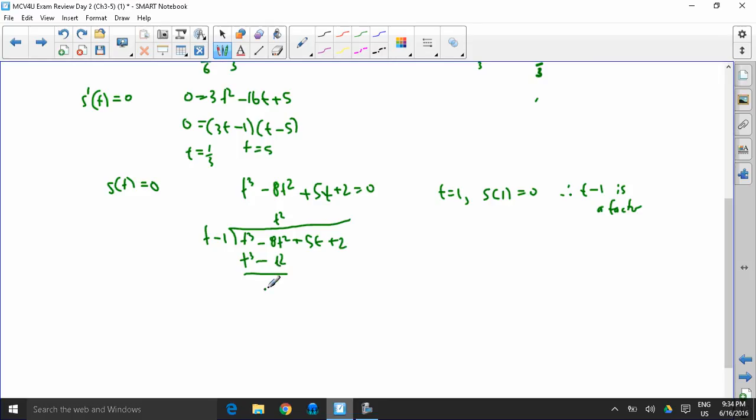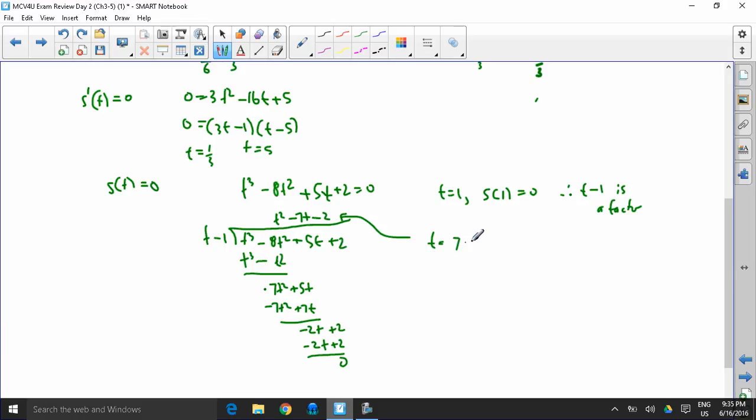And I will just tell you that this does not factor. So we're going to find the roots using the quadratic formula. Negative b plus or minus and so on, over 2, is about equal to 7.3 and about equal to negative 0.3.